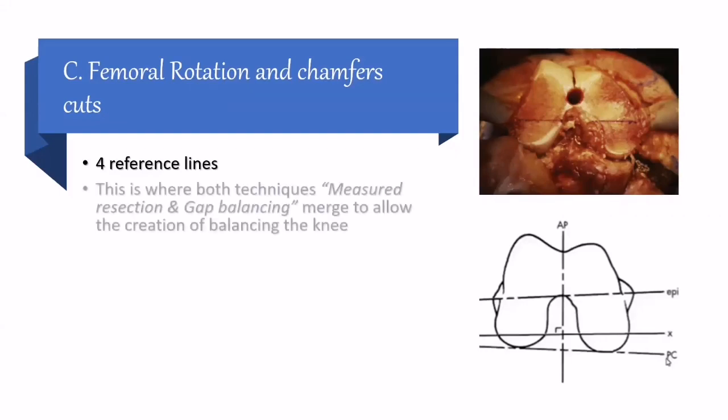Do not internally rotate. There are both techniques, measured resection and gap balancing. We can use them after you put the external rotation guide and the resection guide. You can do measured resection, based on what we resect from the bone.